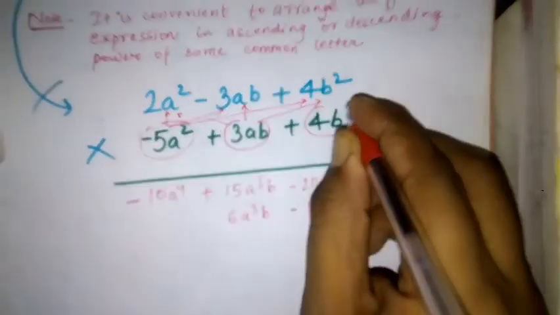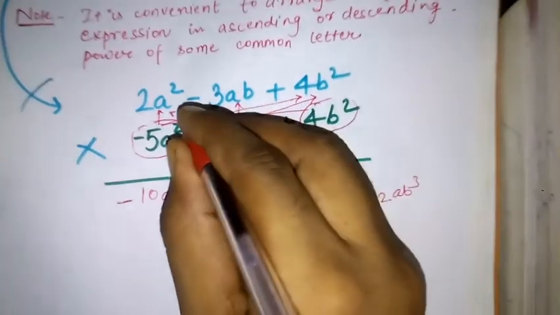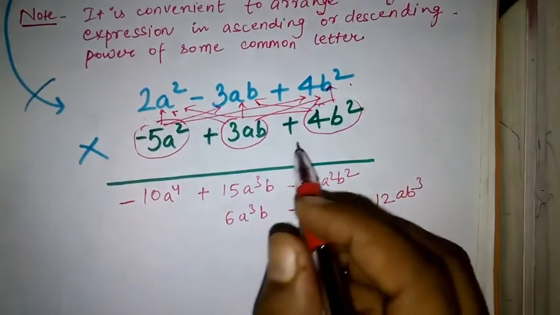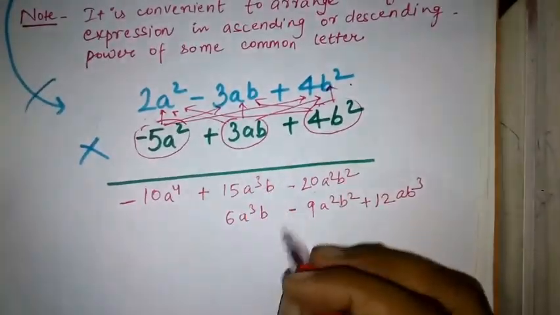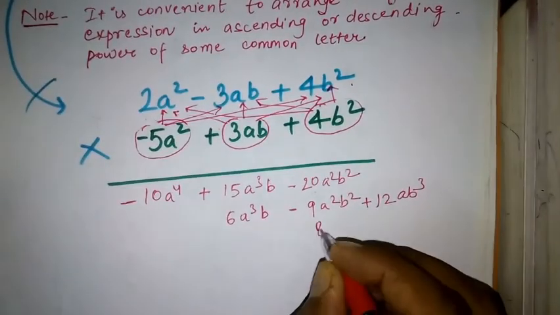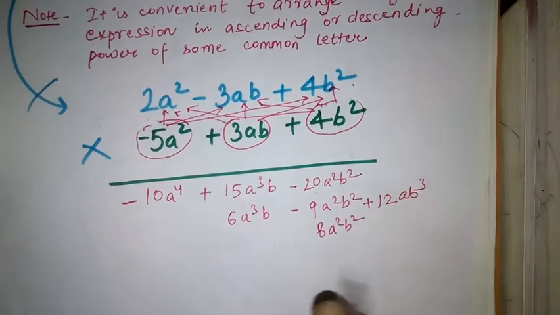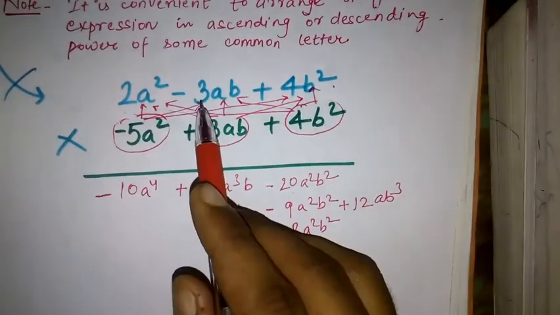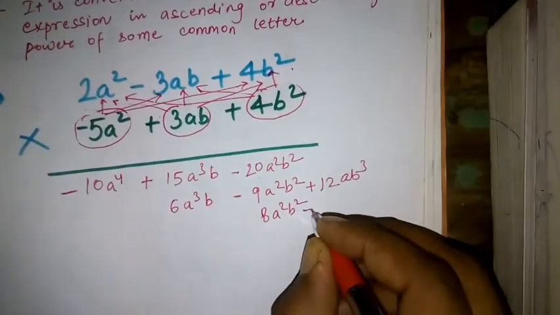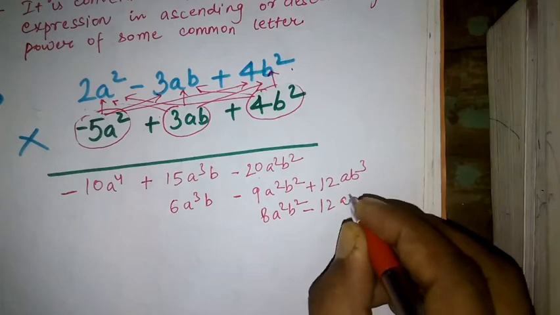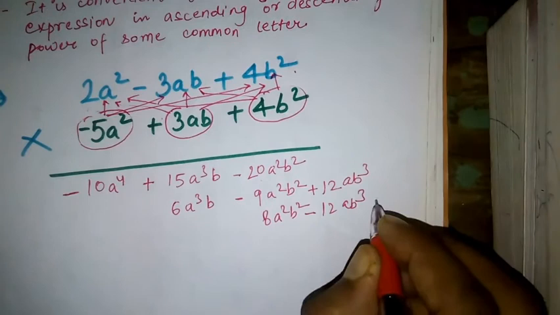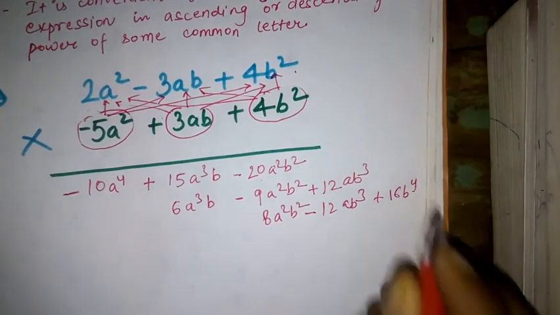Now we take the last term, 4b square, and multiply it with each term. 2a square into 4b square is 8a square b square, 4b square into minus 3ab gives minus 12ab cube, and 4b square into 4b square is 16b raised to the power 4.